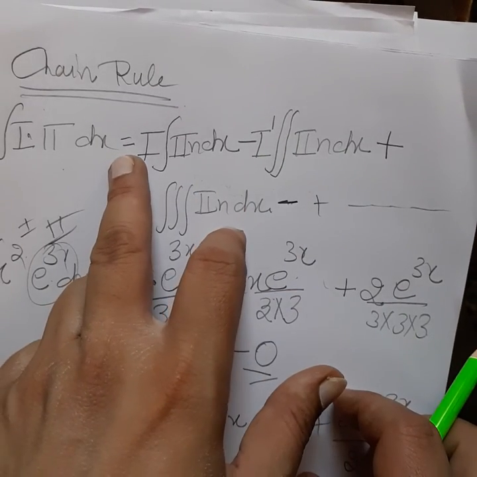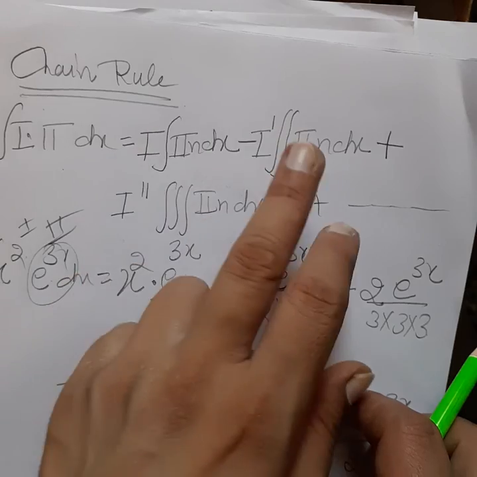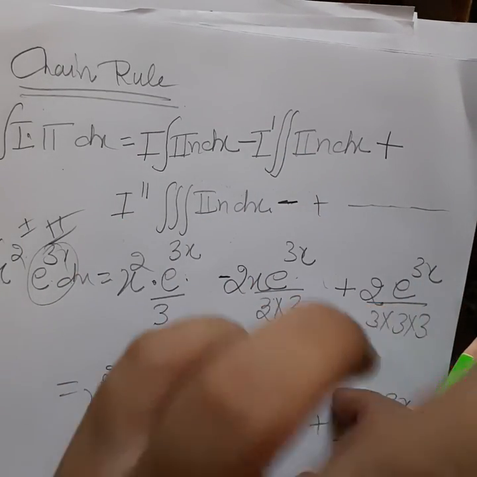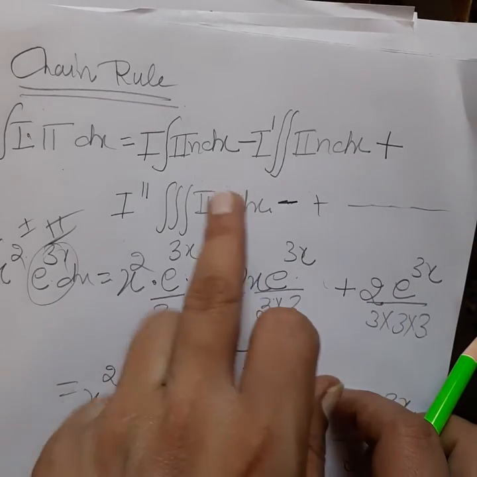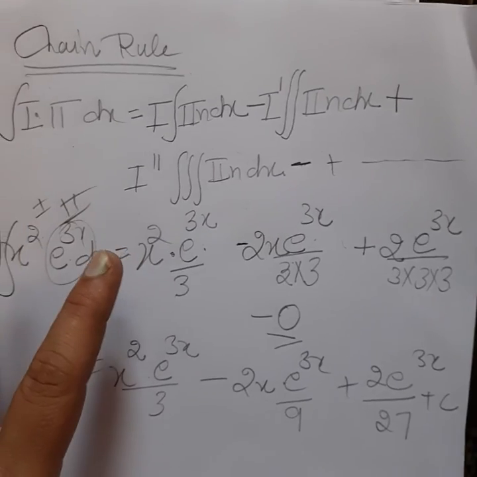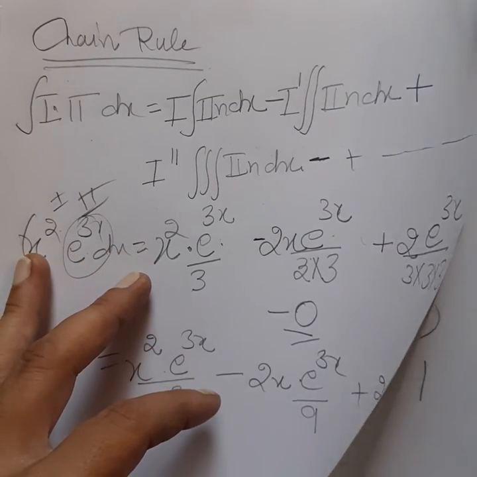And you use the alternating signs like plus, minus, and so on. If you are doing a multiple choice question, then you can apply this method, and if you are doing subjective questions, then you can use by parts.